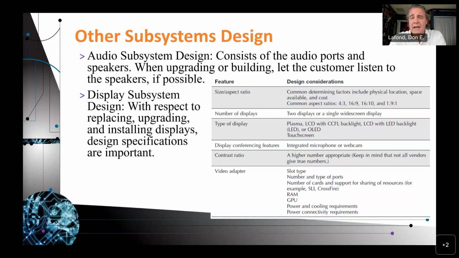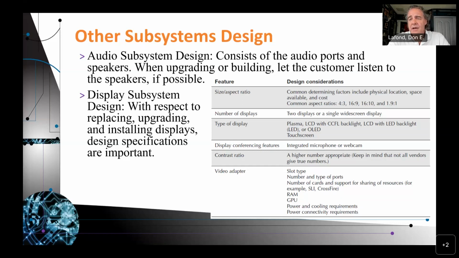Although they do have DVI to HDMI to DisplayPort adapters, you're better off buying a monitor with a native port. So if your video card outputs HDMI only, you want to buy a monitor that has an HDMI port. Now they're talking about the video adapters, that actual video card that pushes your display.